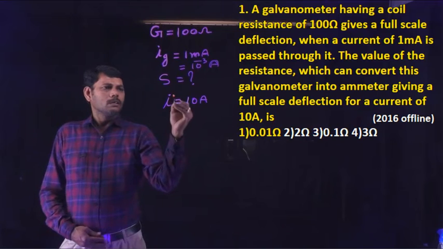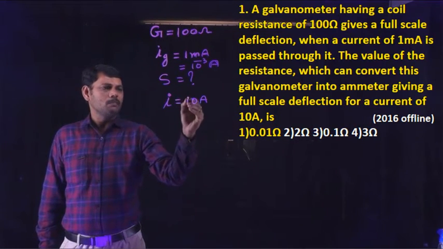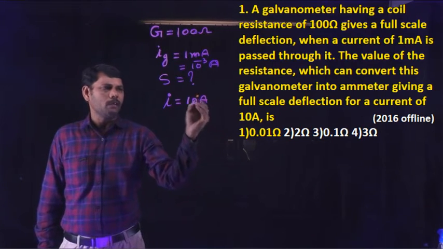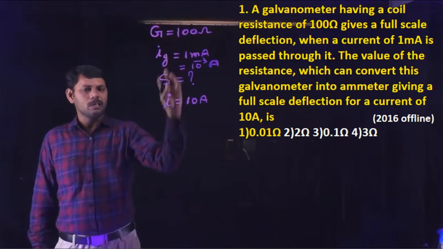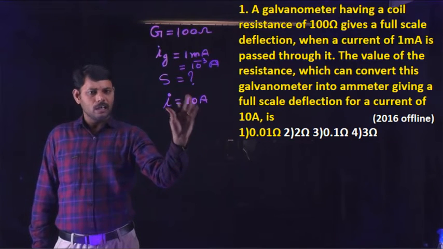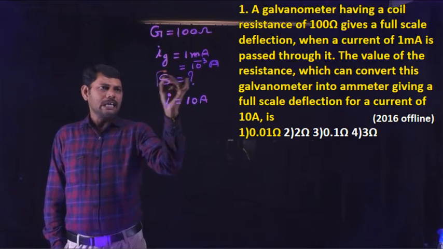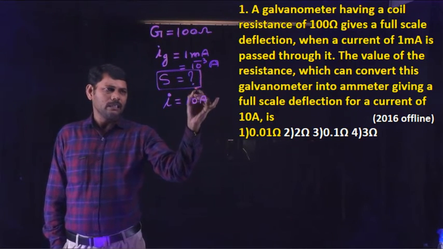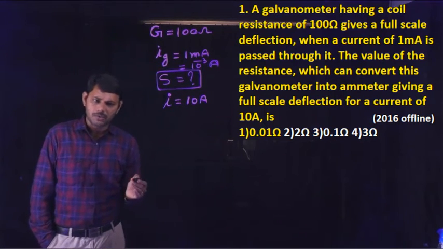This galvanometer should be converted into an ammeter to measure a current of 10 amperes. Then what is the resistance connected? The resistance must be connected in parallel, that is also known as the shunt resistance.